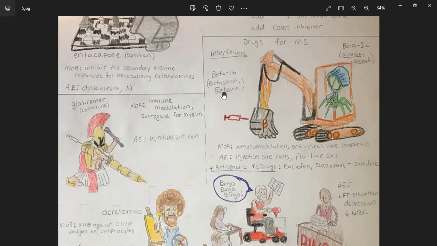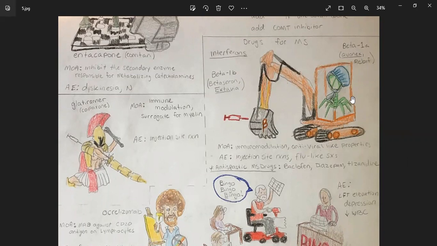Excavator is for the brand name Extavia, which is a beta 1B. So we have a beta here. And then we also have our beta 1A drug, which is the brand name Avonex. There's two brand names for each of these. So Avonex is one, and then Rebif is another. Same thing over here, Extavia, and then Betaseron.